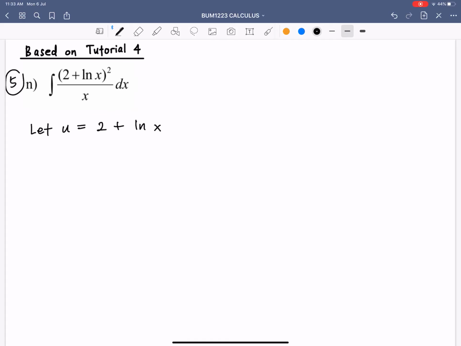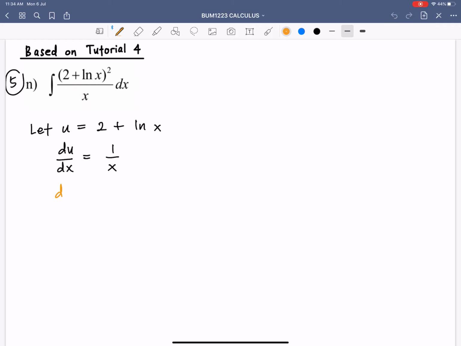And if you see here, du/dx is equal to 1 over x, because when we differentiate the constant we get 0, and for ln x we get 1 over x. So here we have 1 over x. It gives a clue that our choice most probably will be correct.